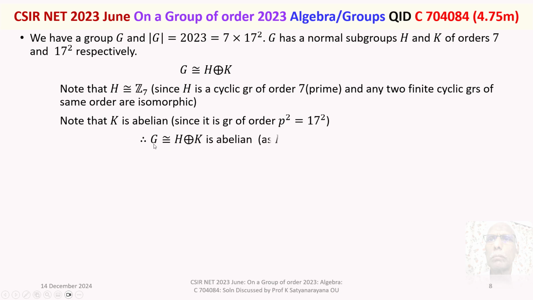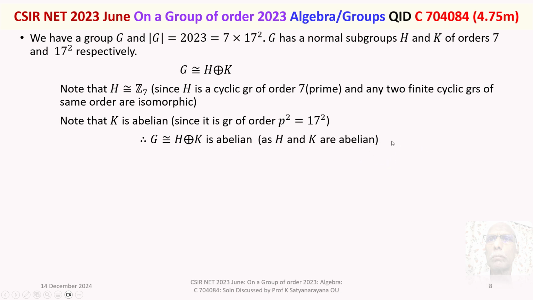So therefore G is isomorphic to the direct product of two abelian groups H and K. And the direct product of two abelian groups is again abelian. This is known to us. Therefore, this is abelian, and by this you get G is abelian. That means any group G of order 2023 is abelian.